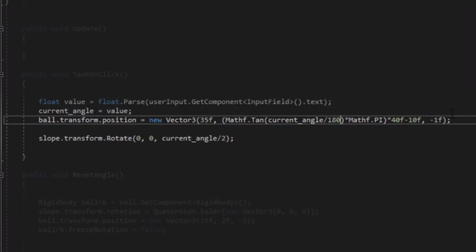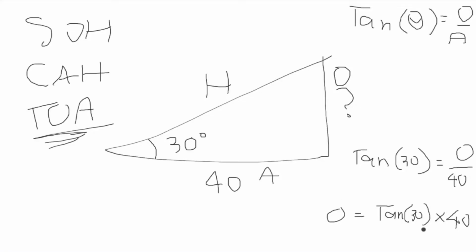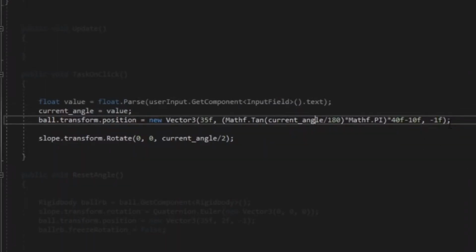So let me tell you guys. Whenever an angle is input in Unity, it's actually considered a radian. A radian is another form of measuring an angle, but we want it in degrees so that this works more simply.